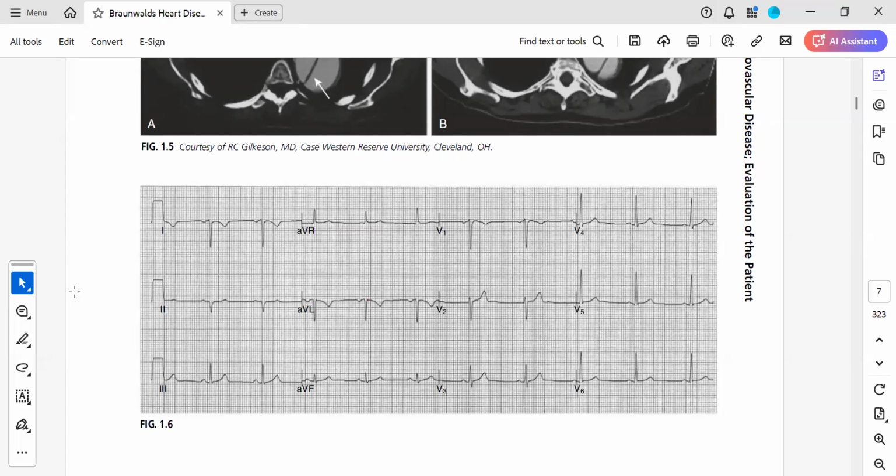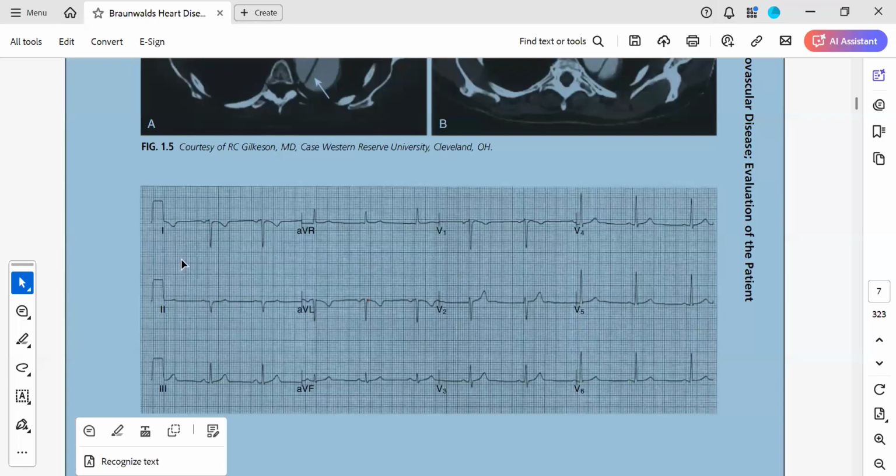Also looking at this, we are looking at our aVR. Our aVR seems to be upright, the QRS complex. So we have a prominent R wave, which is not what we expect to see in the aVR.